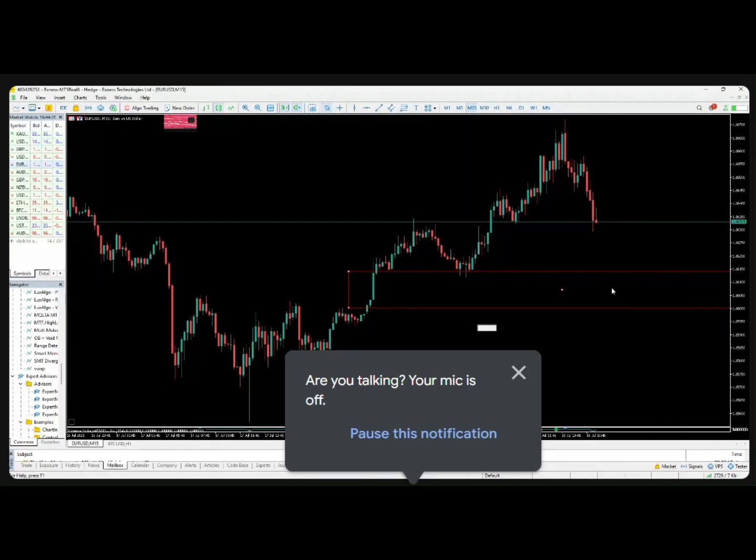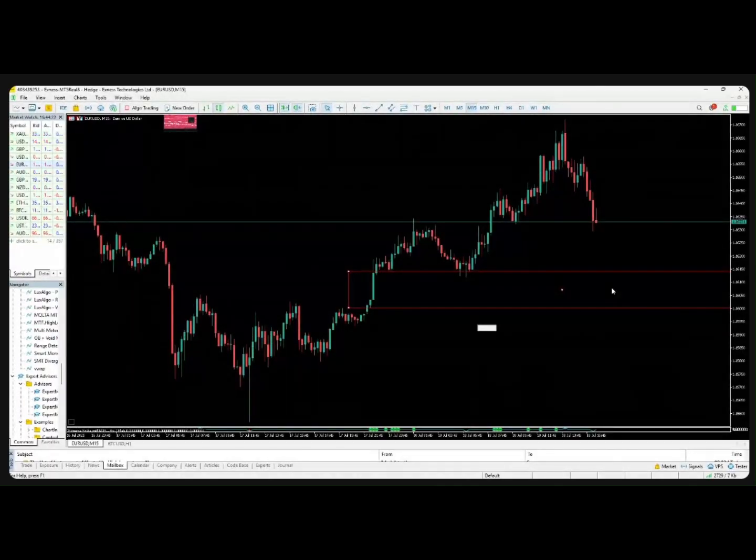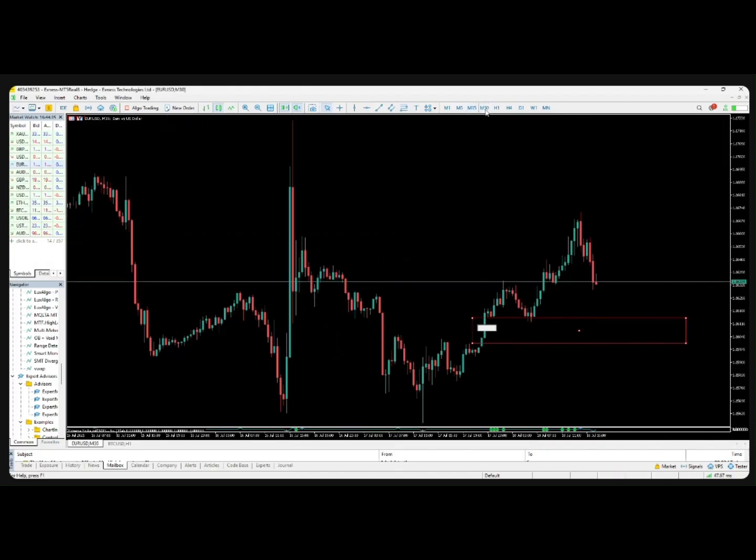This is a problem with my MT5. I don't know why it's giving me this type of thing. One second. Let me close and open again.